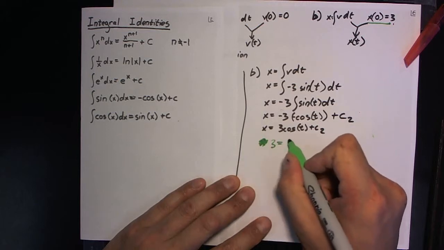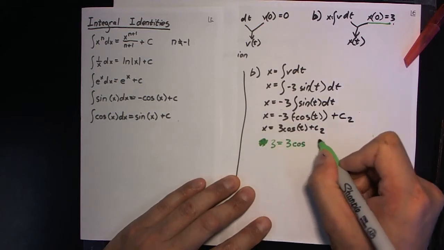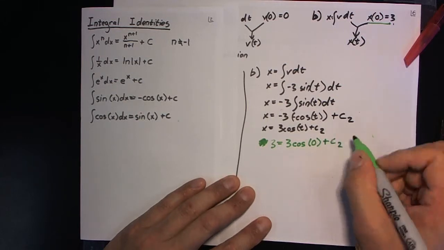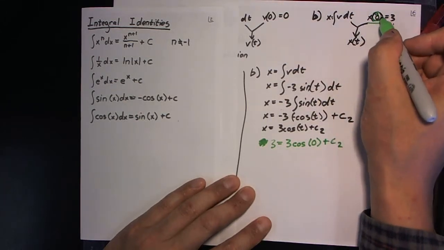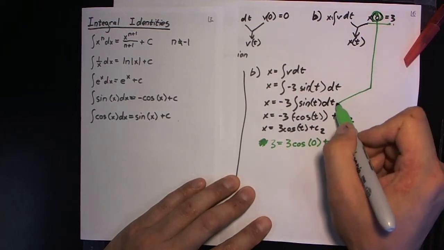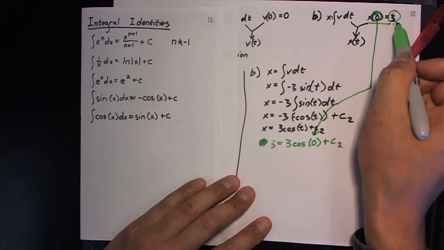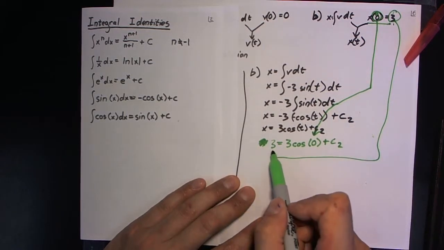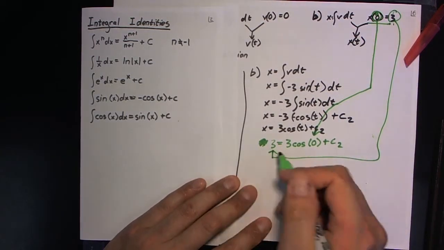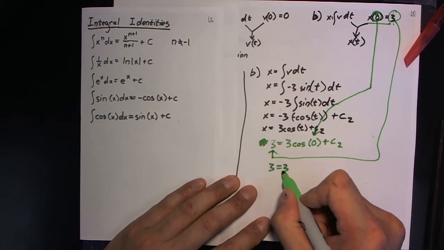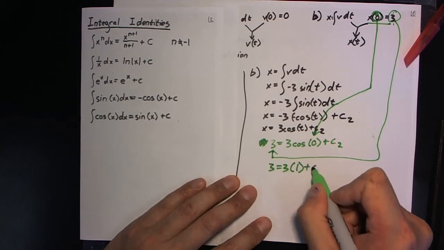So 3 equals 3 times the cosine of 0 plus c2. Again, stuff inside the parentheses goes wherever you put a t. Stuff outside goes there. Okay, so cosine of 0 is 1, so we get 3 equals 3 times 1 plus c2.